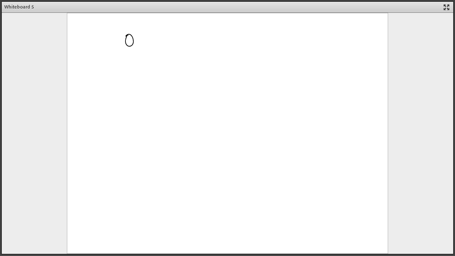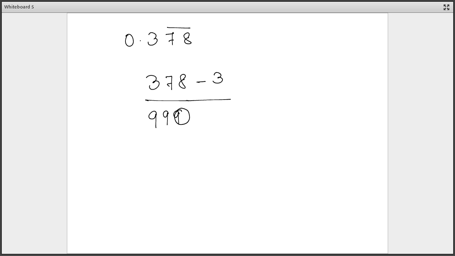What I'll get is 100m is equal to 37.888 and so on. Now subtract both the equations. If I subtract both the equations, I'll get 378 minus 37, that is 341. The 0.888 gets cancelled out. So the value of m comes out to be 341 by 900.